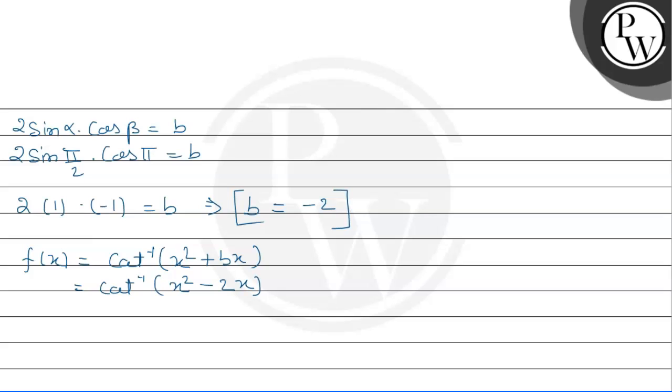Now we have to find the range. First we have to draw the graph. So the graph will be, this is the x axis and y axis, and this is the graph.